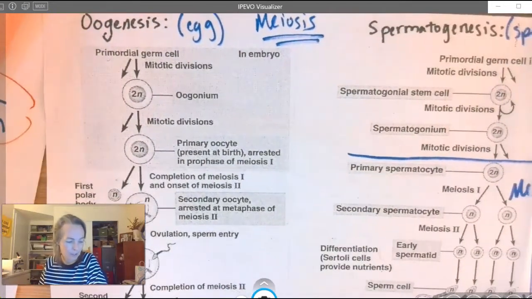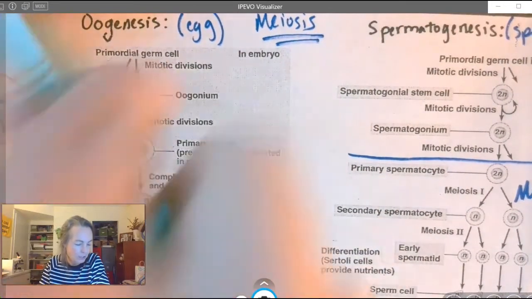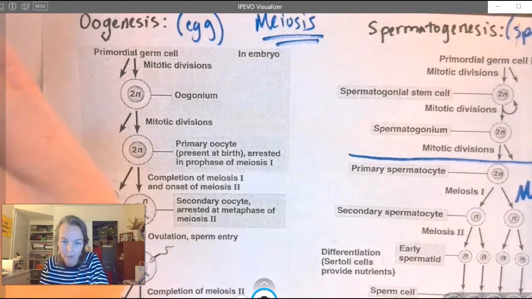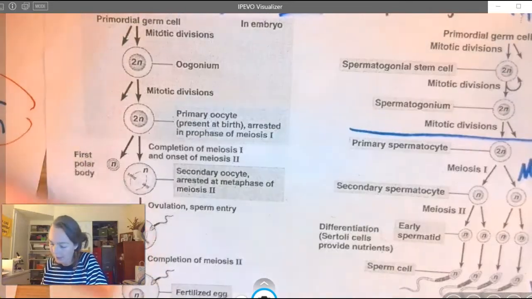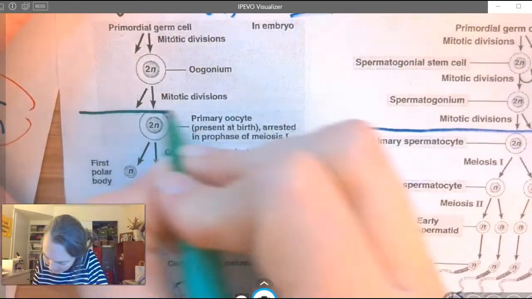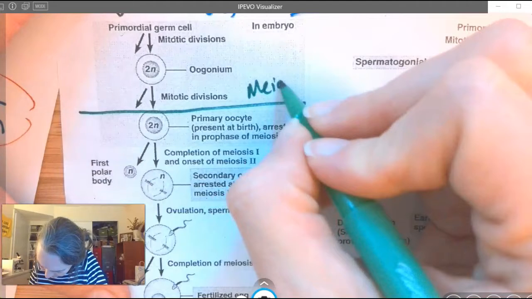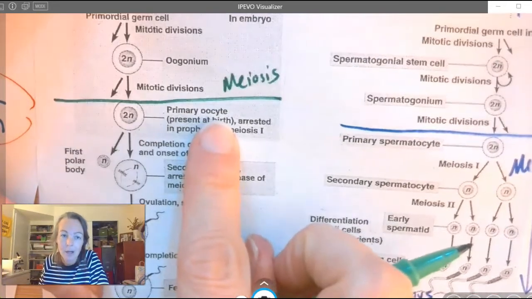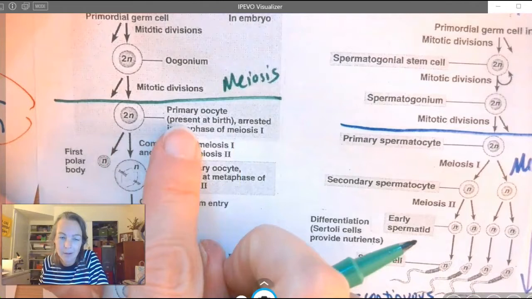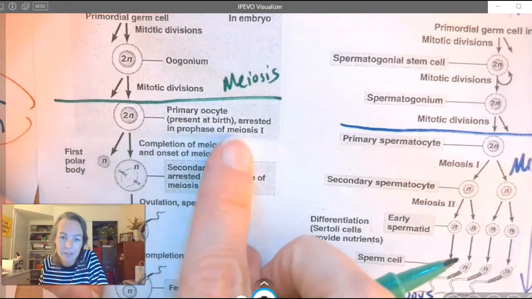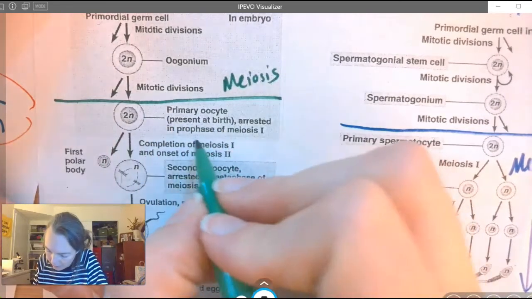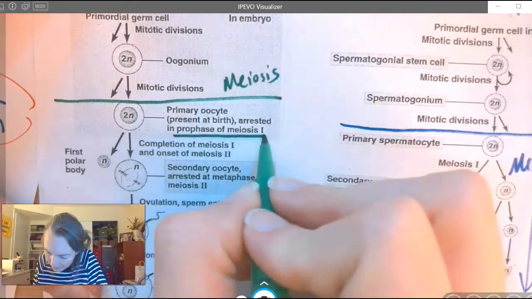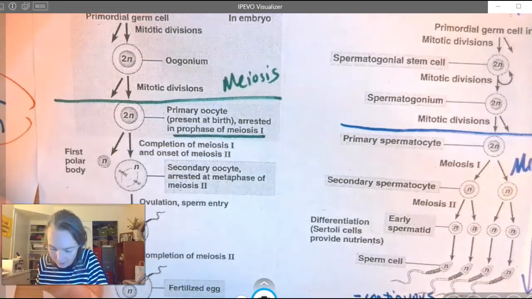Oogenesis happens in your ovaries and actually happens before you're born. Okay? So again, meiosis starts here. Your primary oocytes, which are these diploid cells, are present at birth, and they're stuck in prophase of meiosis 1. So when you're born, all of your egg cells are already in meiosis 1.